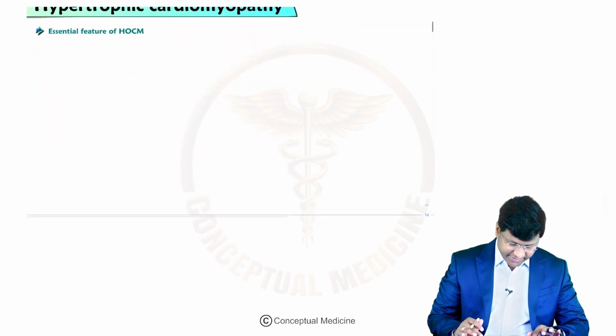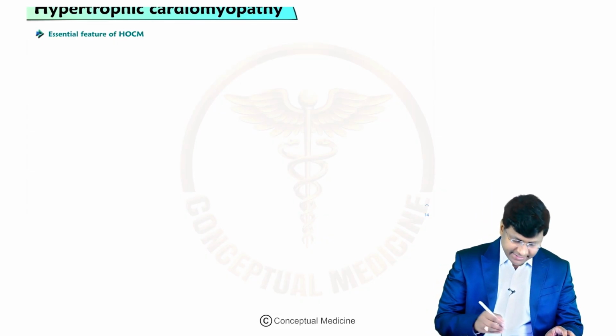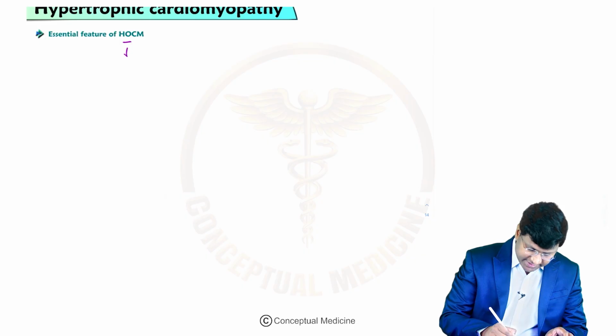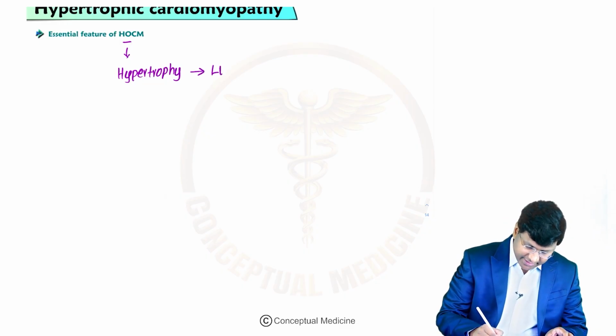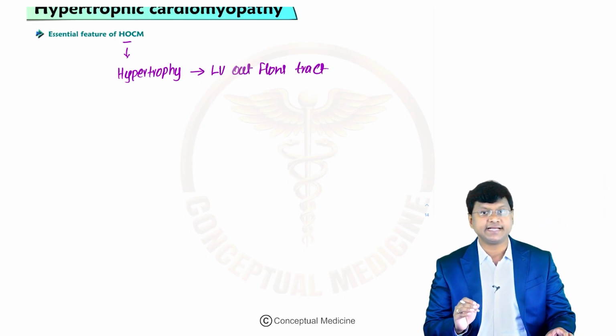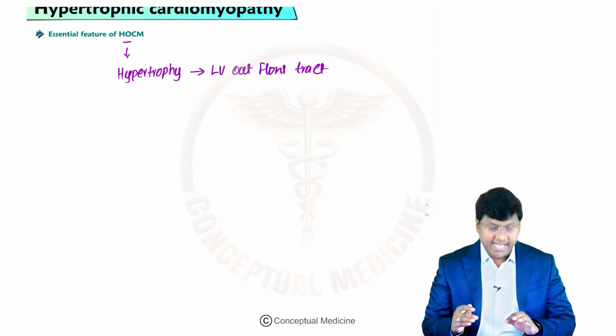And if you take some of the essential features of hypertrophic obstructive cardiomyopathy, when I use the term hypertrophic obstructive cardiomyopathy, what does that mean? Here, the hypertrophy is present exactly at the left ventricular outflow tract. I'll just show you that.